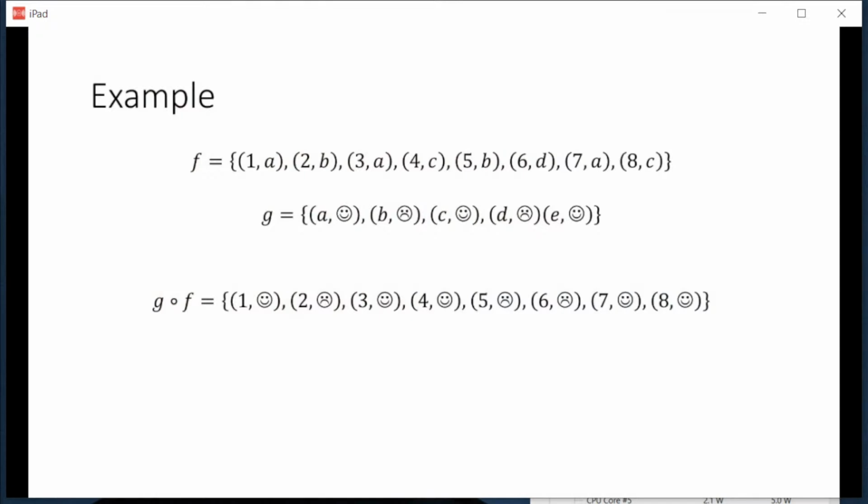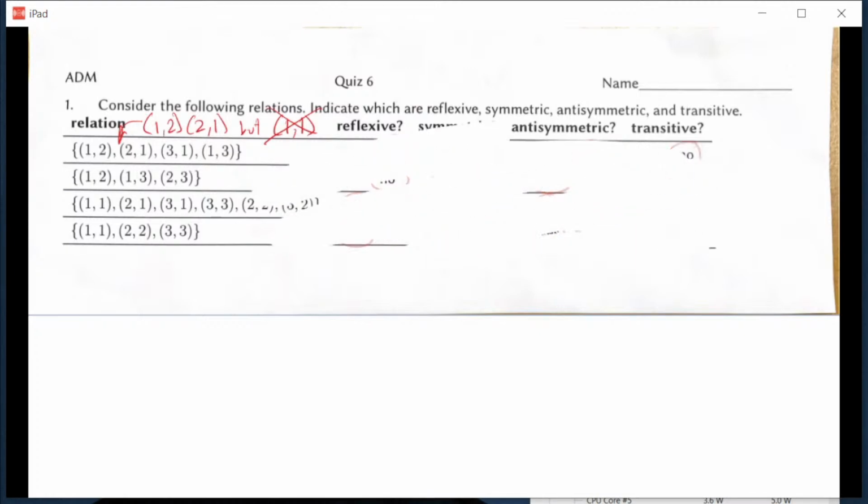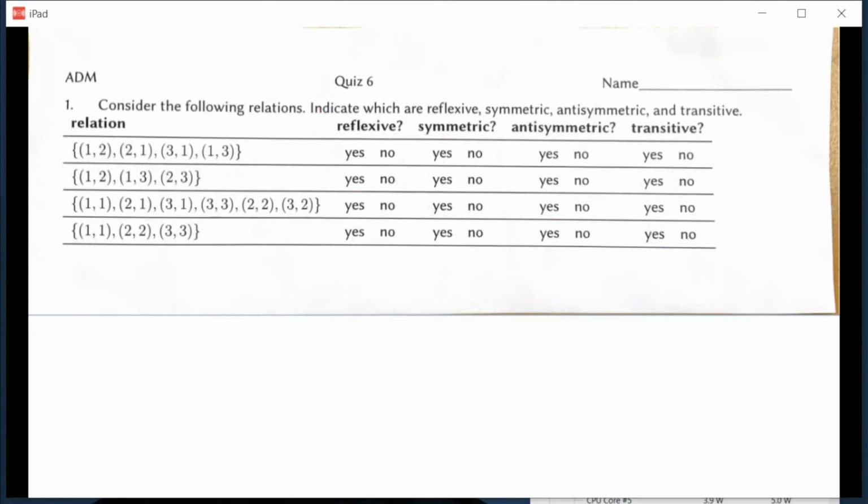Let's take a look at a real relation though, because these aren't relations, these are functions. So let me just switch back over to the quiz here, and we'll take a look at this right here.